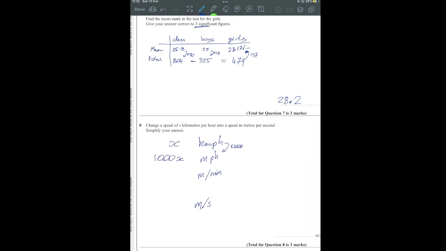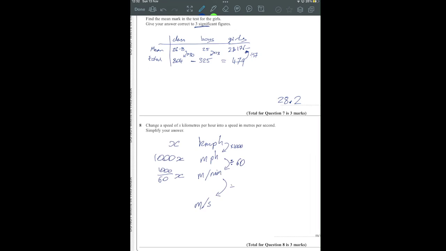Now from meters per hour to meters per minute, we know the conversion rate is 60 minutes in an hour. However, in a shorter period of time, I expect to have travelled a shorter distance. So this is a division, whereas normally from hours to minutes it's a multiply, but it's the per hour per minute, which causes a bit of a problem. So that's 1,000 over 60 multiplied by x.